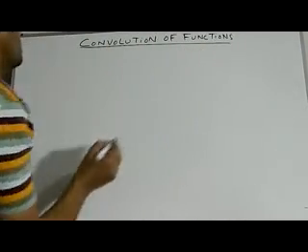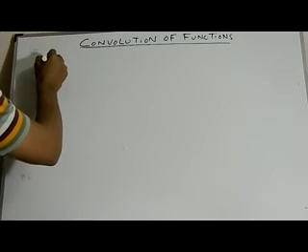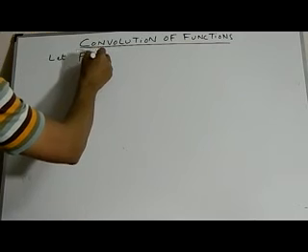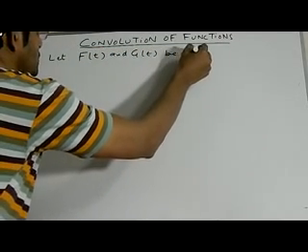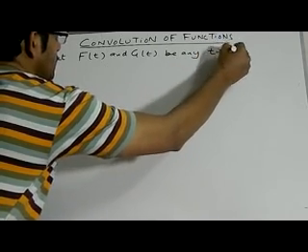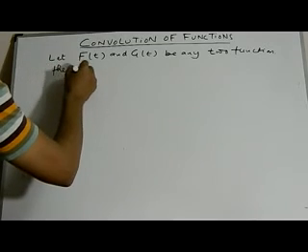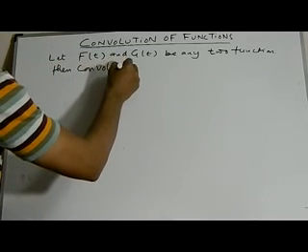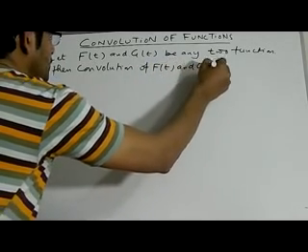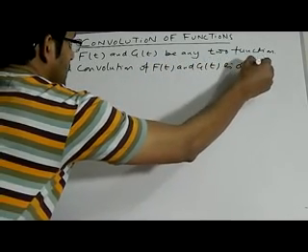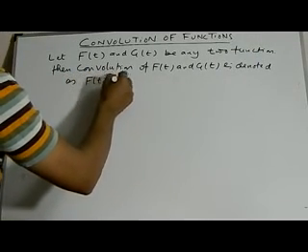First of all, let us understand the concept of how to get the convolution of two functions. Let f(t) and g(t) be any two functions, then the convolution of f(t) and g(t) is denoted as f(t) star g(t).